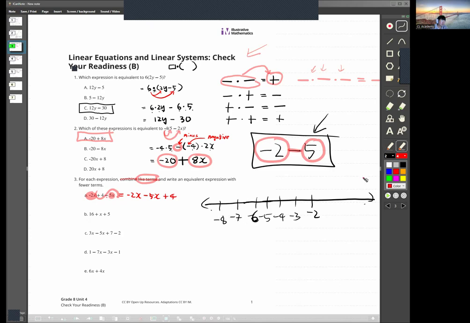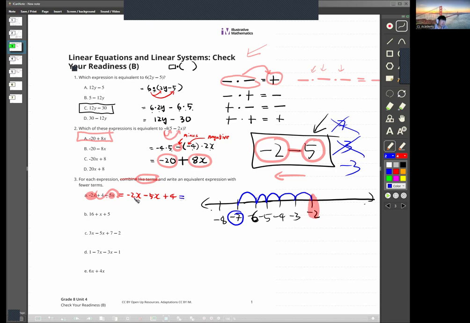We start from -2, and whenever we subtract, we go to the left-hand side. 1, 2, 3, 4, 5. So -2 minus 5 is -7. -2 minus 5 is not 7. It's not -3. Until you get used to it, draw the number line.